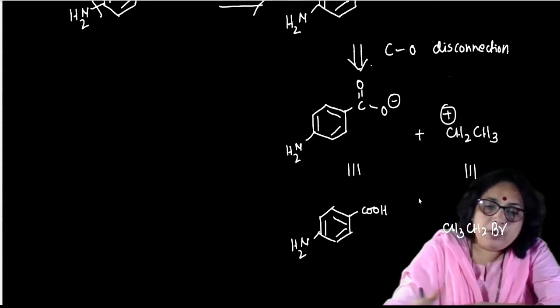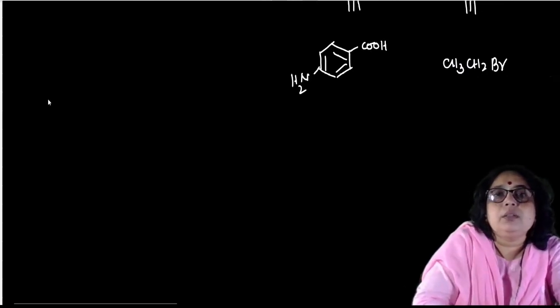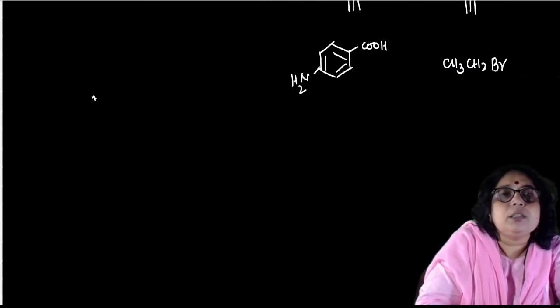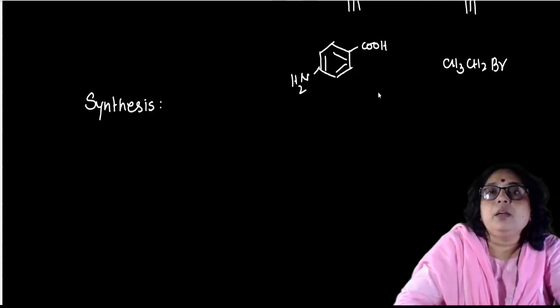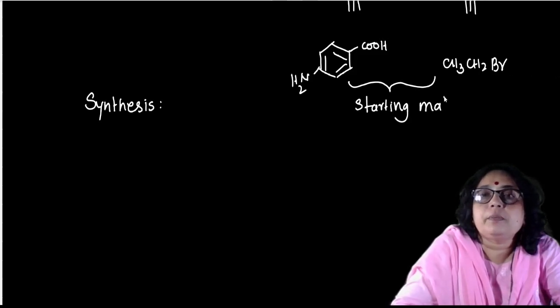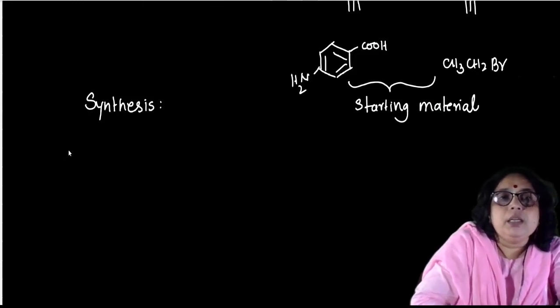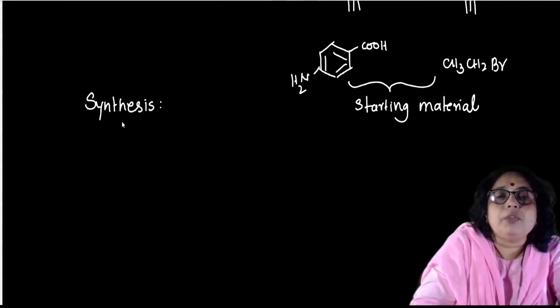All right. Now the second part of retrosynthesis is the synthesis of the target molecule. Both are the starting materials. All right. Now let us consider the synthesis of the molecule.